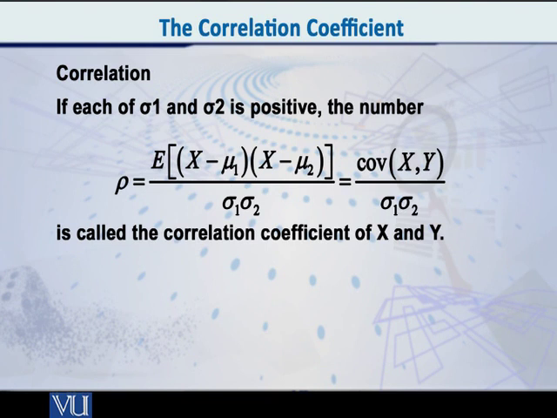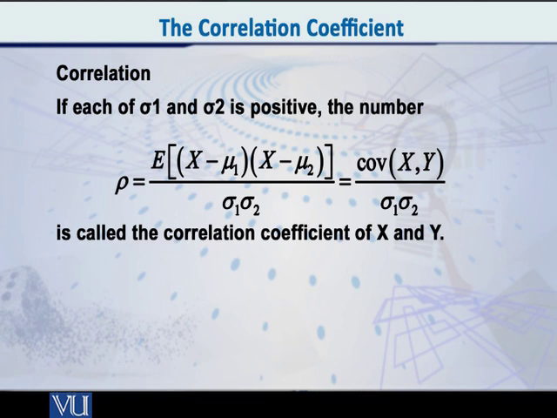As you can now see on the screen, the distribution, bivariate distributions correlation coefficient rho, this is a Greek letter, it is pronounced rho.